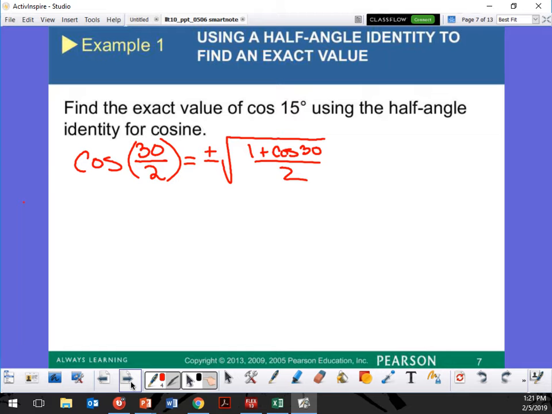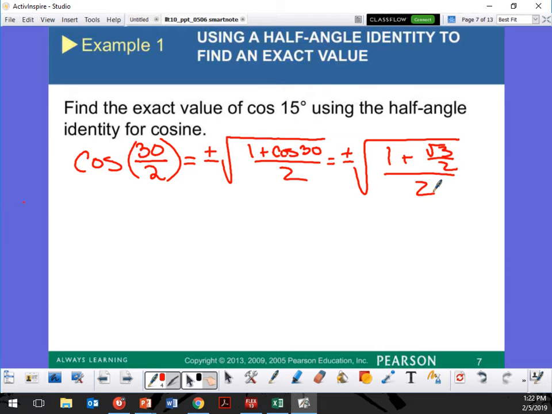All right. Cosine 30. What is cosine 30? Rad 3 over 2, all over 2, right? Okay, so let's go through and clean up this fraction.